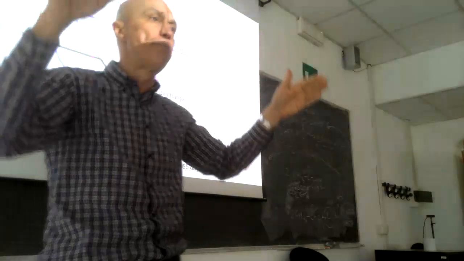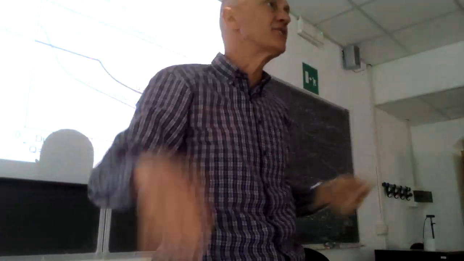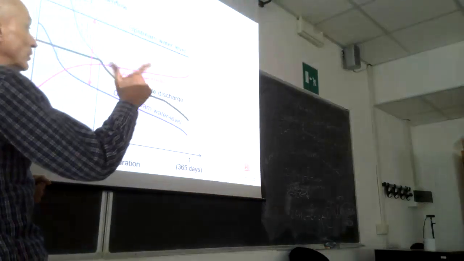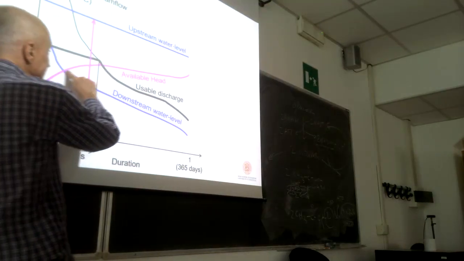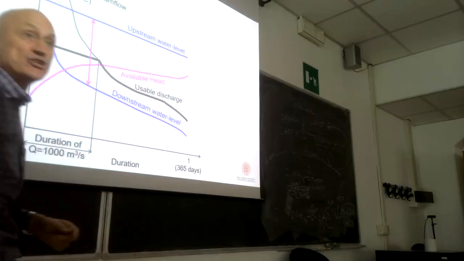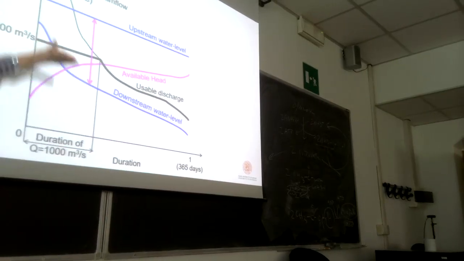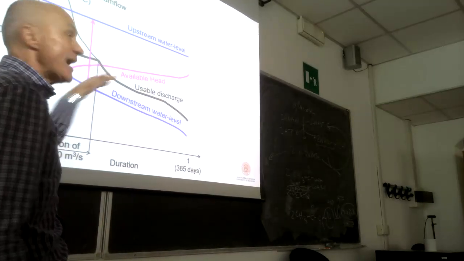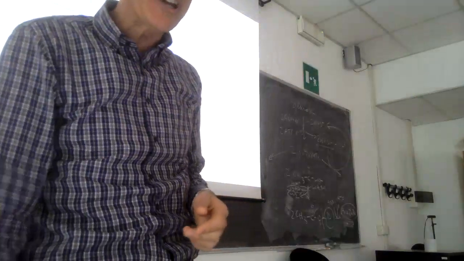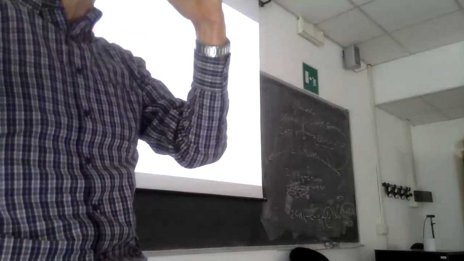So multiplying the two will result in a bell-shaped power duration curve. This is normal for run-of-the-river power plants. Okay? Very normal. And the area below the curve is energy, even dimensionally. Good? Good.